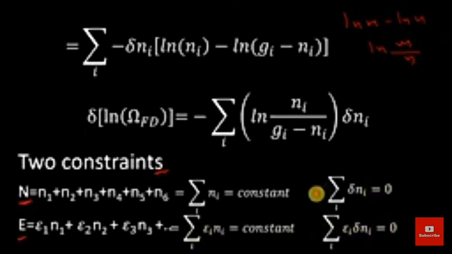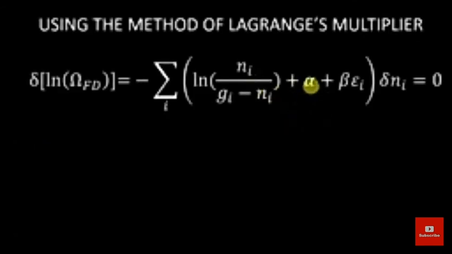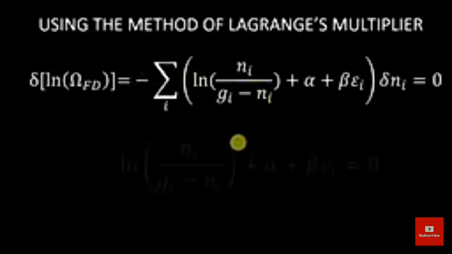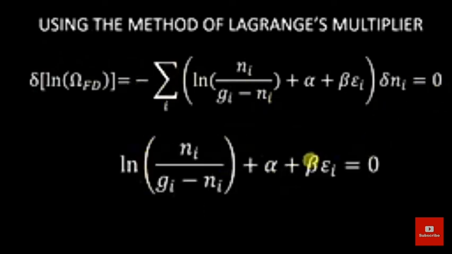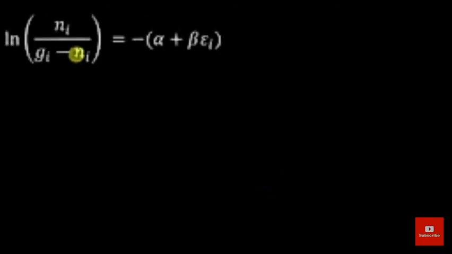So we add this thing, multiplying by alpha and beta, these are the Lagrange multipliers. We are using the Lagrange multipliers and adding this in here. Adding 0 won't change this but helps us take care of these two constraints. So adding alpha dni plus beta ei dni, we have this whole thing equal to 0, and this inside thing is also equal to 0.